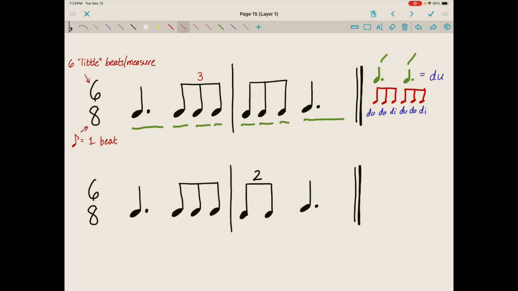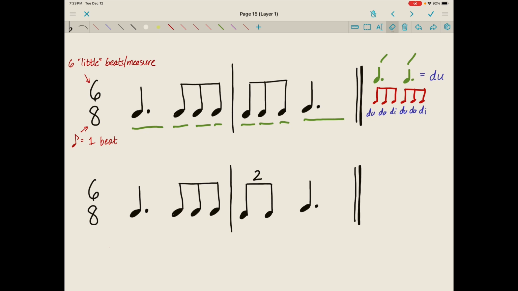So we see that in a simple meter, because the ordinary permitted division of the beat is into 2 equal parts, the triplet, the triple subdivision of the beat, is an unnatural division of the pulse in that meter. In 6/8 time, since it's absolutely expected for the pulse to be divided into 3 equal parts, that is the natural division of the pulse in 6/8 time. We don't need that little 3 to indicate it's a triplet.